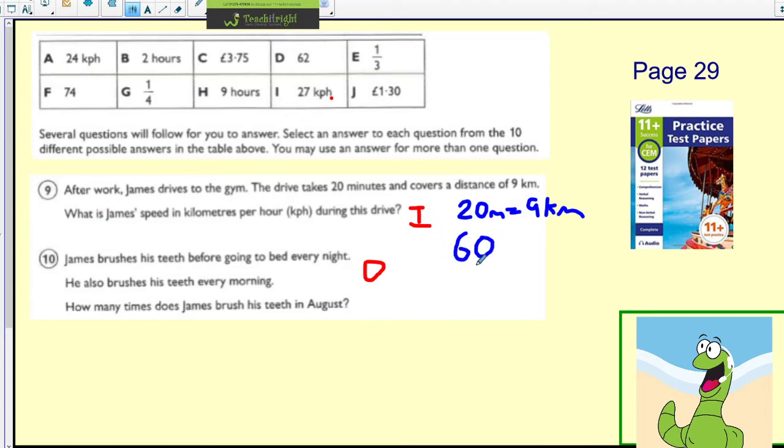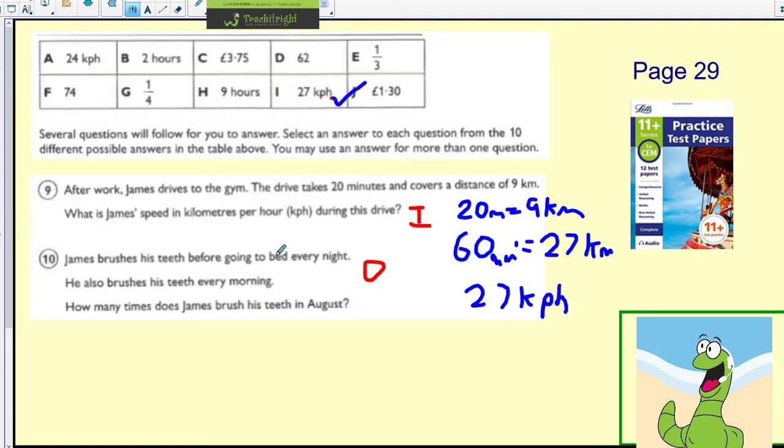We now need to know how far has he gone in an hour, because if I know how far he's gone in an hour, that is his speed. So in 60 minutes, that's going to be 3 times as much. So he'll have covered 27 kilometers. And if he's done 27 kilometers in 60 minutes, that means he has done 27 kilometers per hour. So that's our answer I.